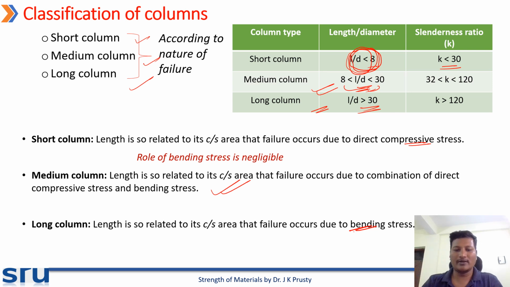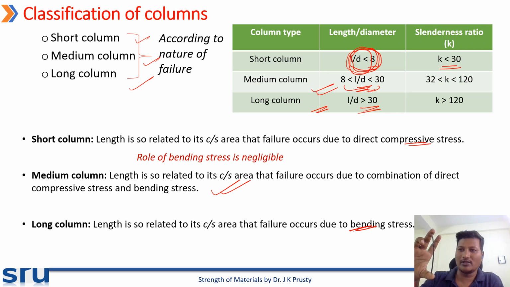If you consider this as a long column, where the length is so related to its cross-sectional area, the failure occurs due to bending stress. If we apply compressive load from both ends, it will reach a point where the column starts buckling at its center.